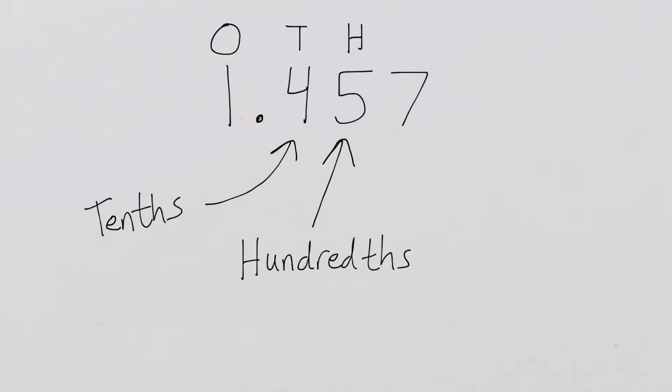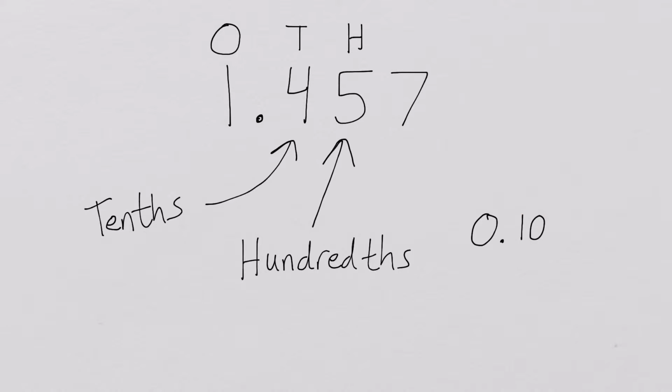Now our ones, our tenths, and our hundredths are the same things we use for our money system. If you have $1, you have $1. The tenths is how many dimes you have. Each dime is worth 10 cents, and how do we write 10 cents? We write it 0.10, because it is worth 10 pennies.